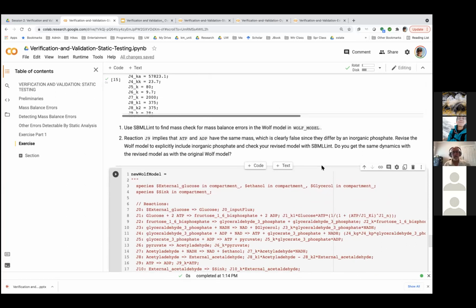And then we'll move over to the second part here, which is going to be the dynamic testing, where we're actually going to do things that look more like unit testing in software. Any questions at this point? Okay, all right, I'll see you in about 20 minutes.